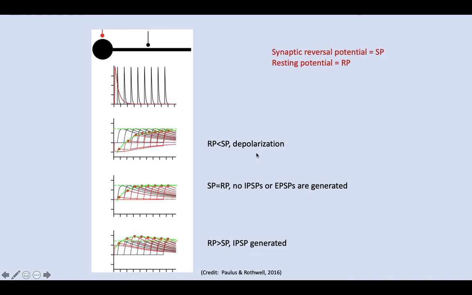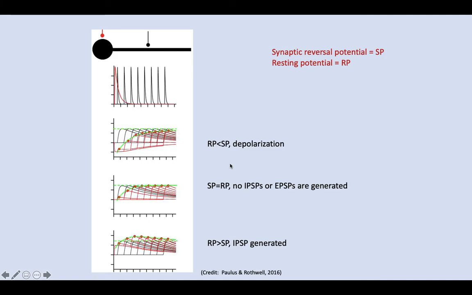Usually we think of GABA as being a hyperpolarizing activity. With all of these, you can look at the little red lines here. The red means that the inhibitory potential is activated. The black means that the inhibitory is inactive.